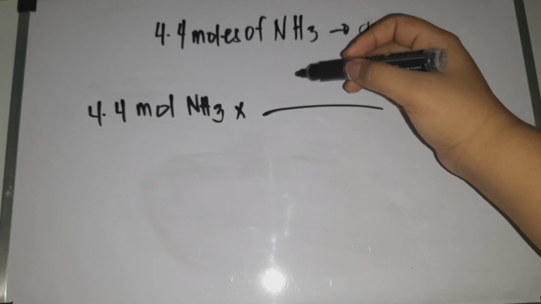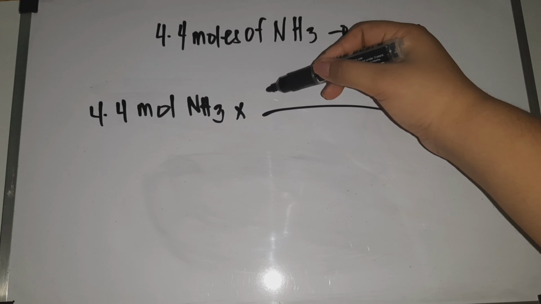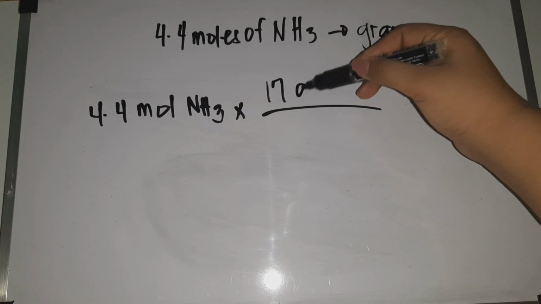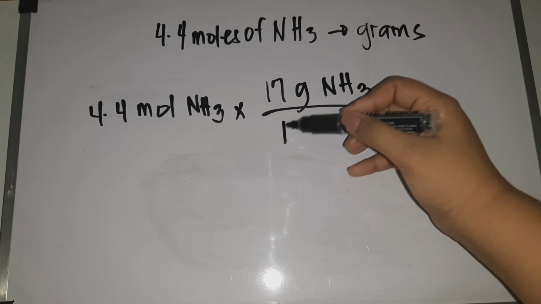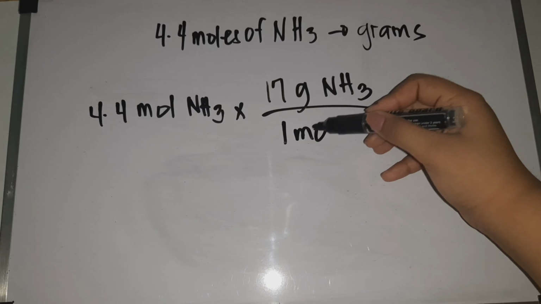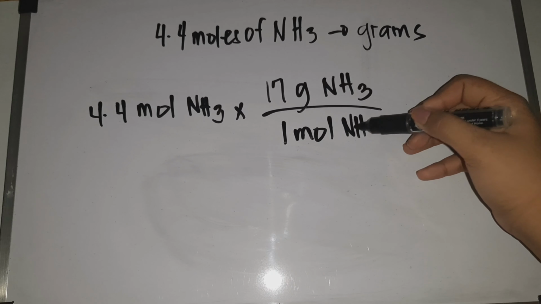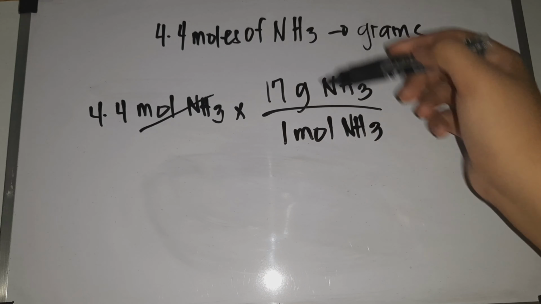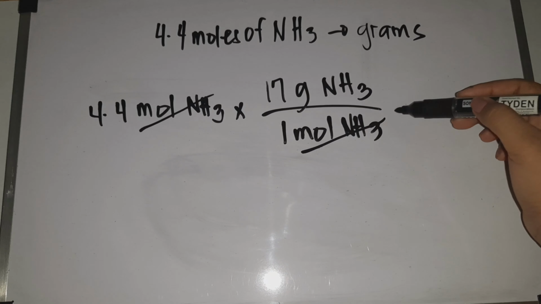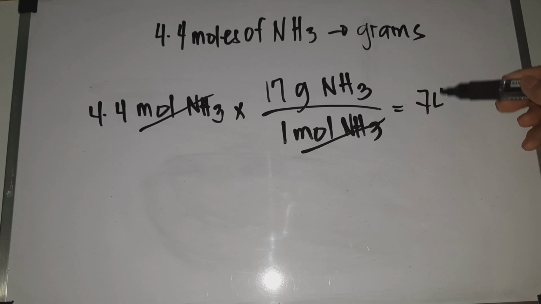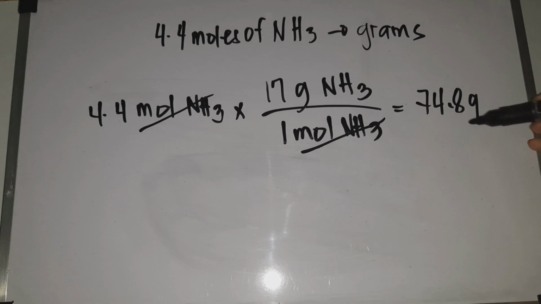We now have the molar mass of NH3, which is 17 grams of NH3 per 1 mole of NH3. So cancel the mole. 4.4 moles times 17 divided by 1. We have 74.8 grams of NH3.